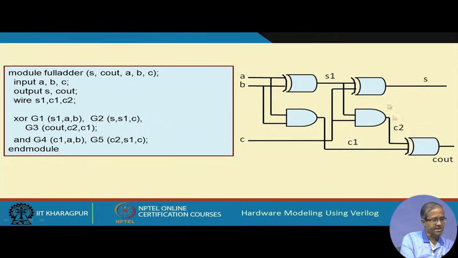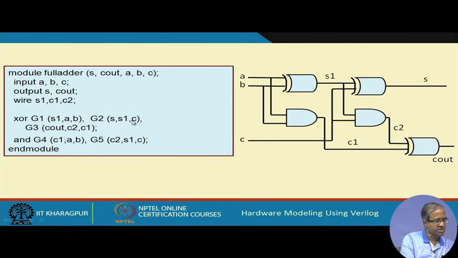So, there are 3 XOR gates. So, we are instantiating the gates like this: XOR G1 S1 A B, it means this is G1, S1 is the output, A B are the inputs.